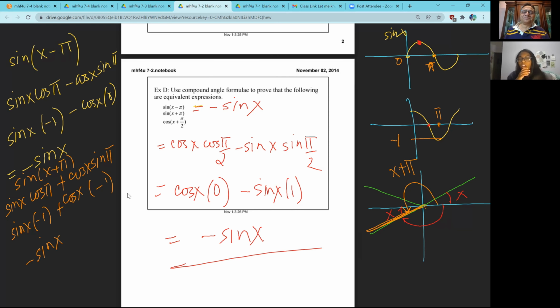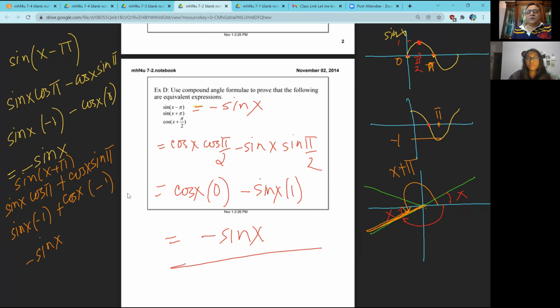Can you explain one more time where you get the values from, like the -1 and the 0? Using the graph, I get the values. The sine function is 0 for sine 0. At pi by 2, it is 1, correct? For pi, it is 0. So I use those values.